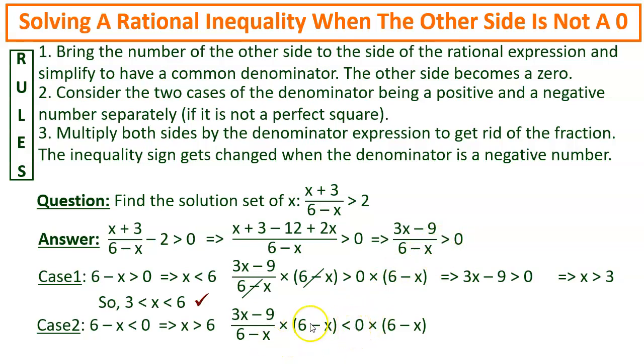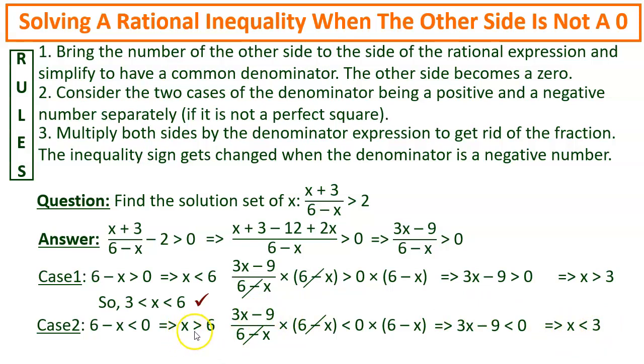Okay? And now the numerator and the denominator 6 minus x will be cancelling each other. Okay? And we have 3x minus 9 is less than 0. So from this we get the solution set of x as x is less than 3. And again we have to combine these two.